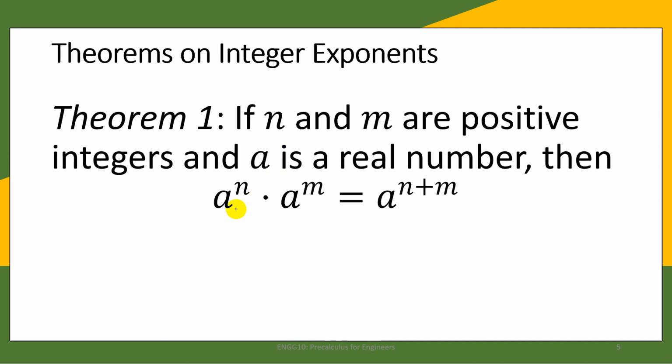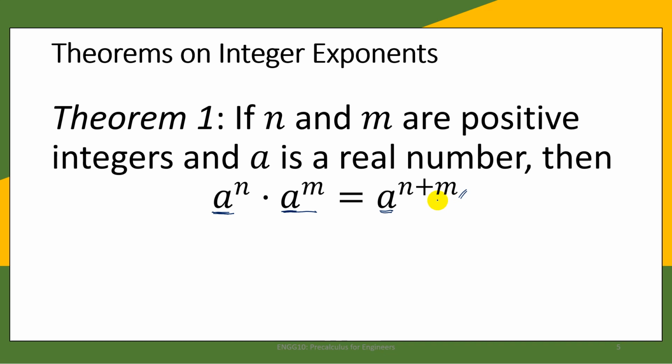These two factors multiplied together have the same base, a. The only difference is their exponents. The first has an exponent of n, the second an exponent of m. If we multiply them together, we just copy the base and add their exponents, n plus m.